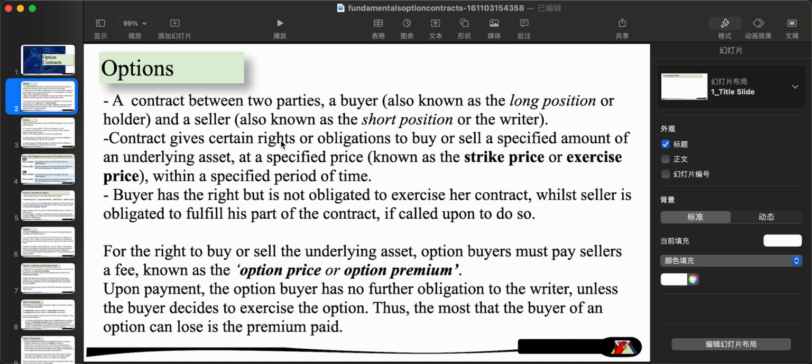So here is a simple example for options. For example, when you go to buy a car, the car seller may run a limited time promotion, for example 80% off or 90% off.